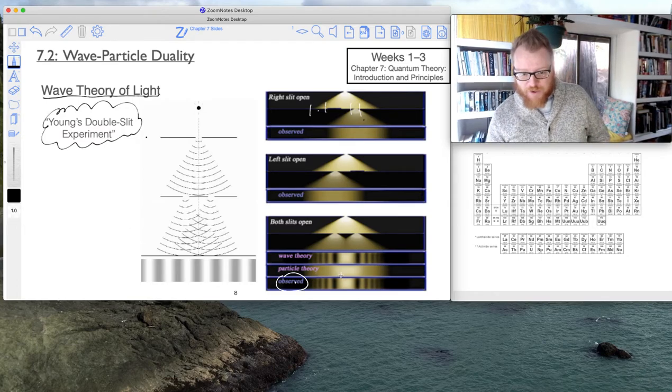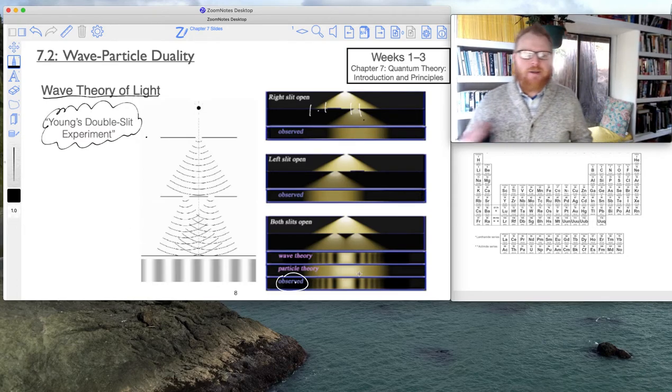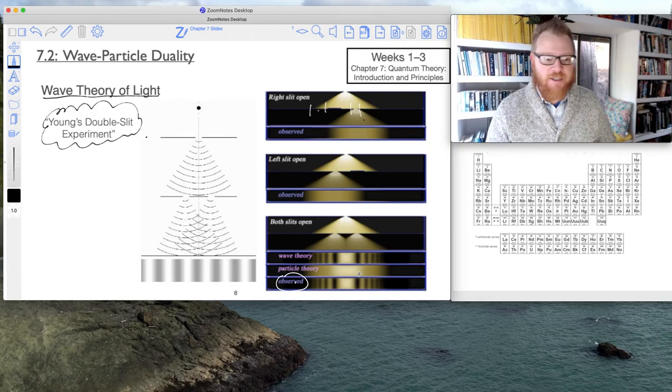The reason you're getting this structured, patterned, banded observation is because of the interference pattern of the waves. So, interference.